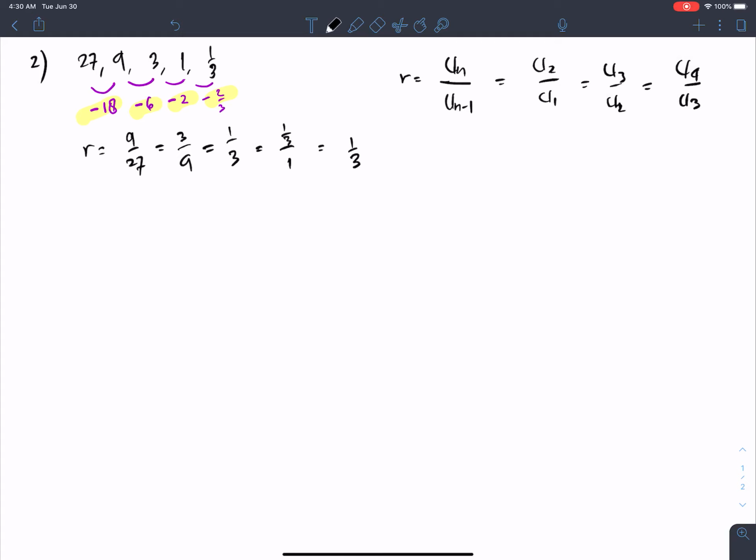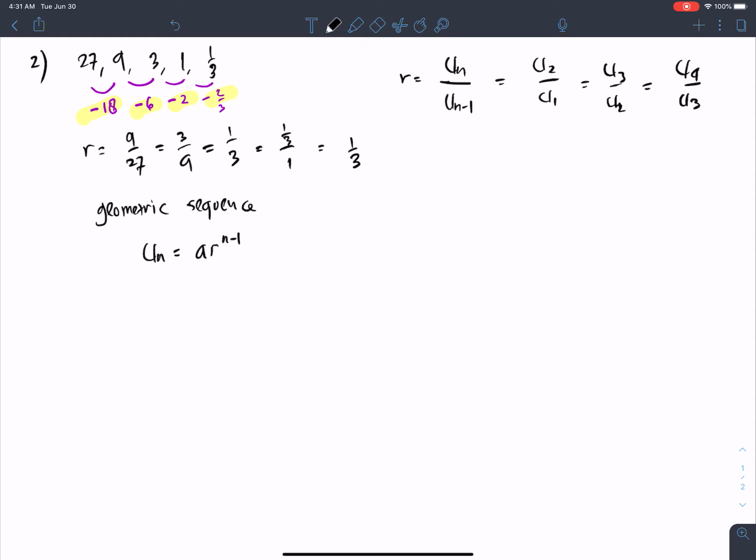So that will be that way. Since now we got that this is a fixed ratio, definitely this is a geometric sequence. So the pattern is un equals a times r to the power n minus 1.